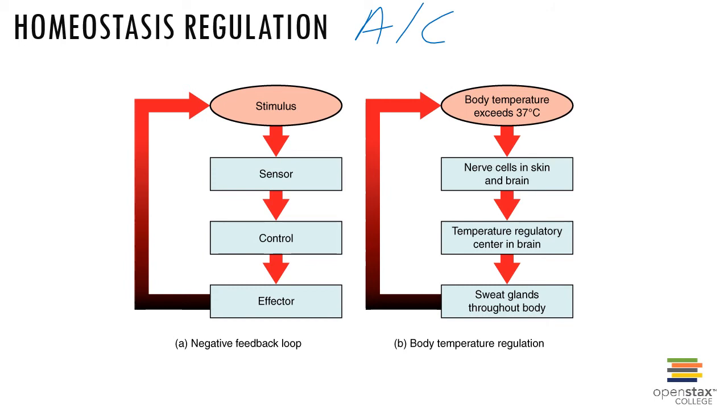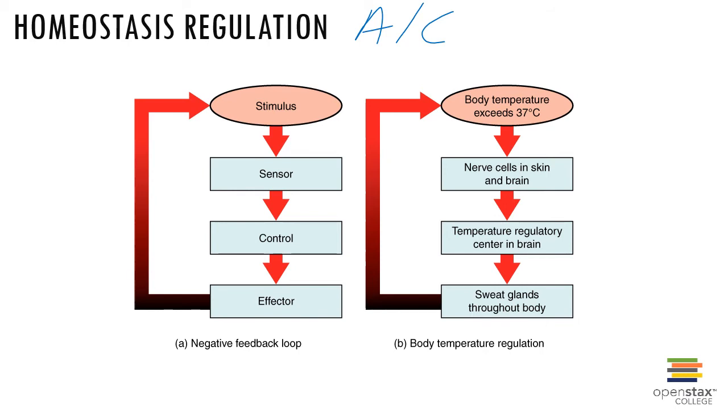The sensor will say, oh, hey, it's getting over 72 degrees, I need to turn the air conditioning on. And that will just keep happening throughout the entire day. Okay? That is known as a negative feedback loop, because it's being turned on and off, on and off. So that's how an air conditioner works.